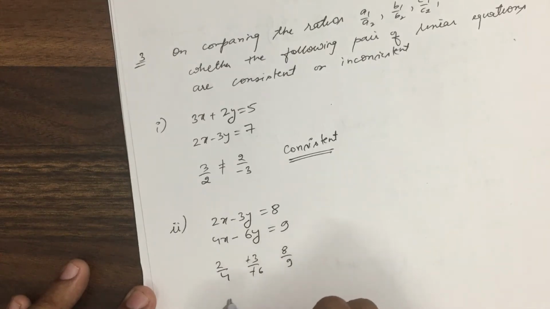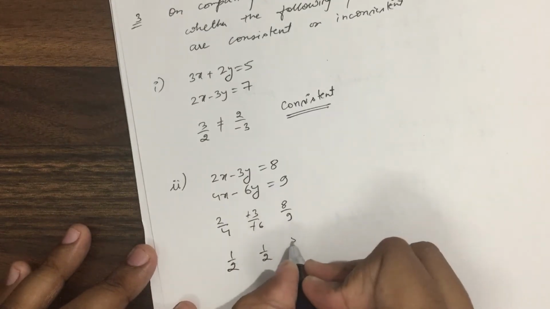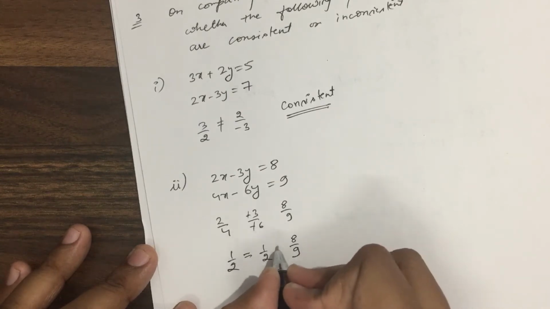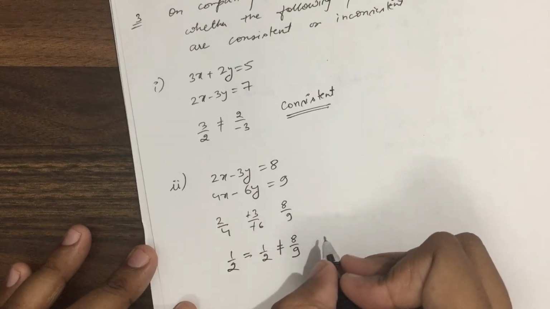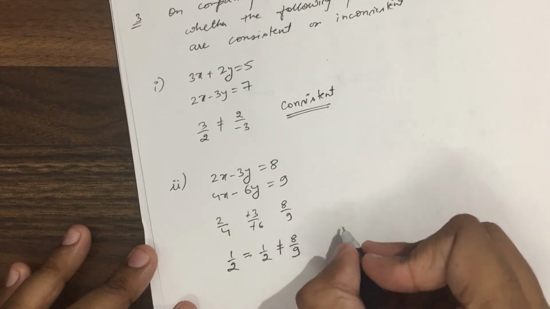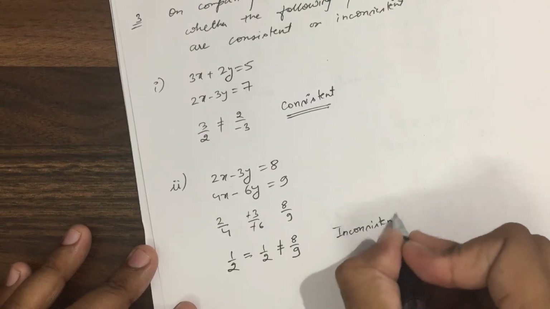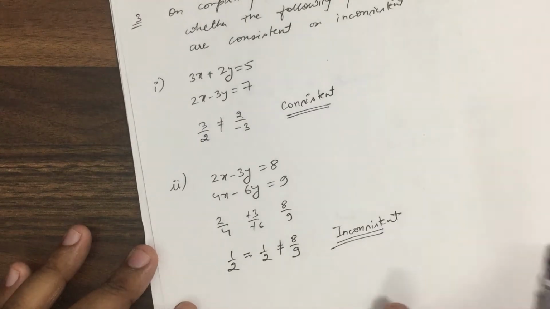Minus minus will cancel. 1 upon 2, 1 upon 2, 8 upon 9. This a1 upon a2 equals b1 upon b2 but not equal to c1 upon c2. Therefore there will be no solution and it will be an inconsistent pair of lines. Inconsistent. Okay.